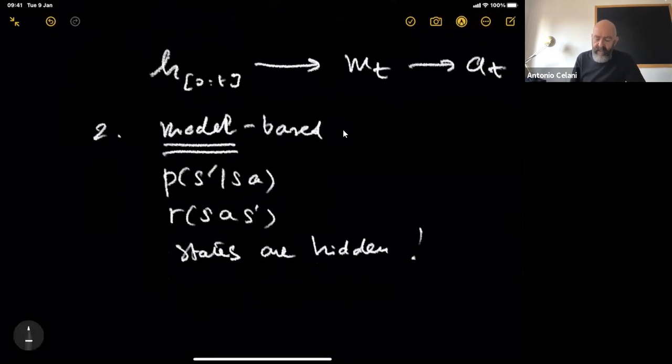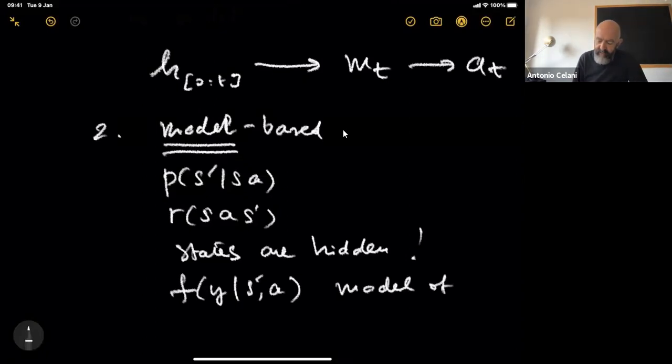Okay, states are hidden, which means that instead of states, we have to use observations. And these observations, for instance, might depend on our current or subsequent state. It doesn't matter. It's just a matter of notation or definition. So we have this, which we call a model of the observations.